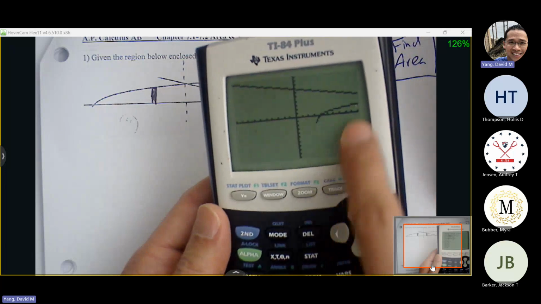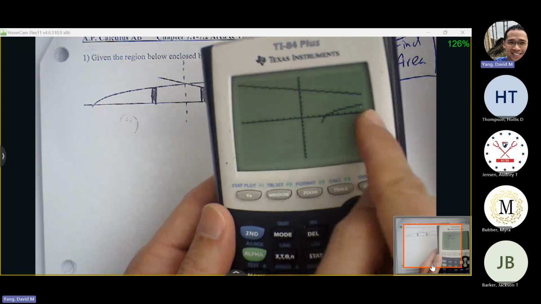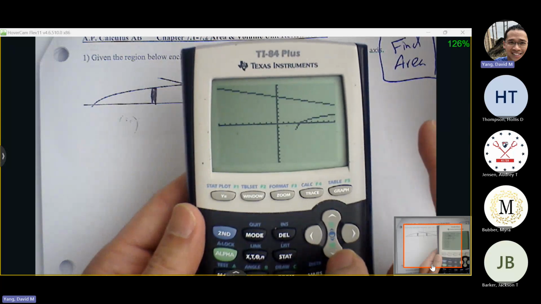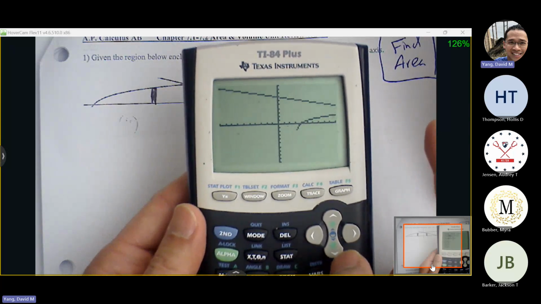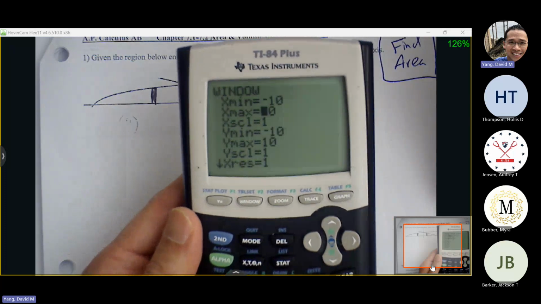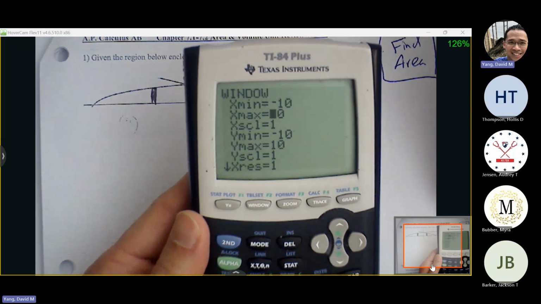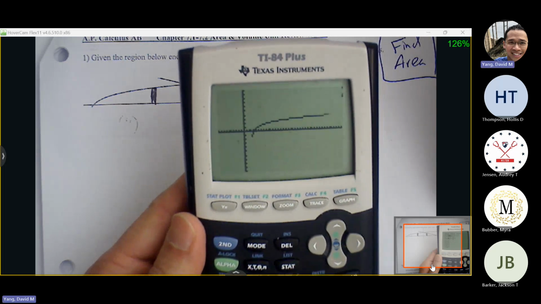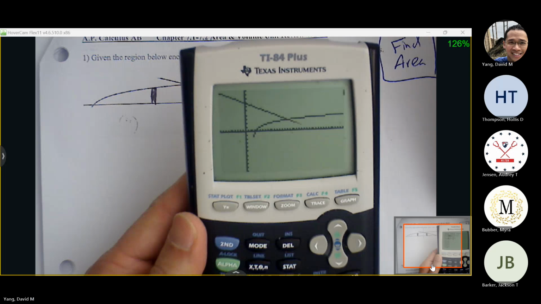So I'm going to push my x max. Right now, my x max is 10. The x-intercept is probably over here, maybe in the 30s, 40s range. So I'm just going to play around with that. So I'm going to push my x max out to maybe 30 or 40. Let's just see what that takes us.